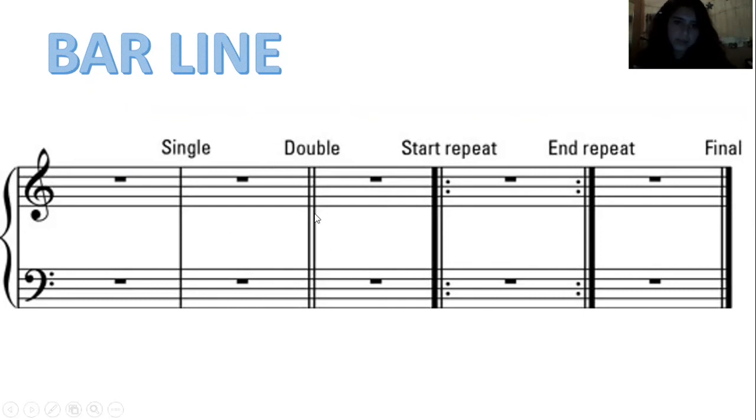It also indicates the end of the piece. This is the end of the piece. The start and repeat of the piece, the end and repeat of that part of the piece, and double repetition, right? There are the 7 ways to use it.